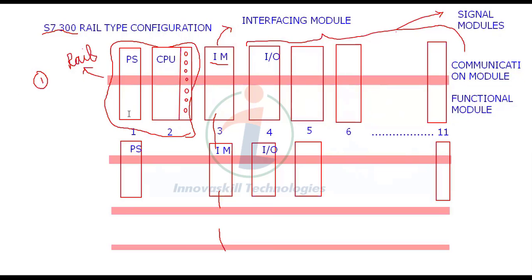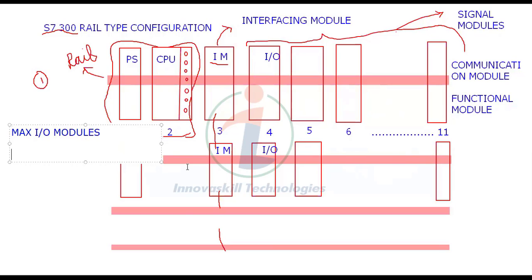Now, if you increase to the maximum number of rails in S7300, what is the maximum number of IOs you get? In one rail we have 8 IO modules, starting from 4 to 11.